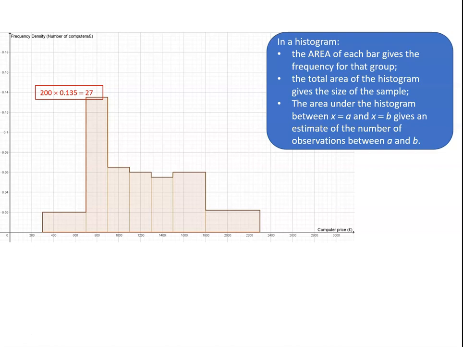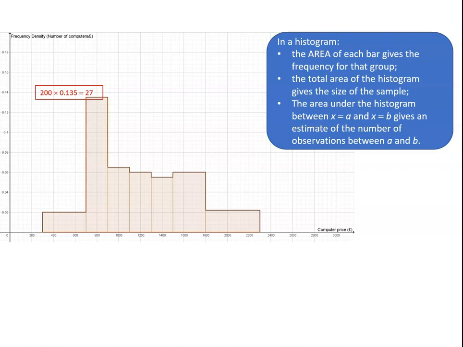In other words, there are 27 computers between £700 and £900 in the sample. The total area of the histogram gives us the size of the sample, and the area under part of the histogram will give us an estimate of the number of the observations in the sample between those two values.